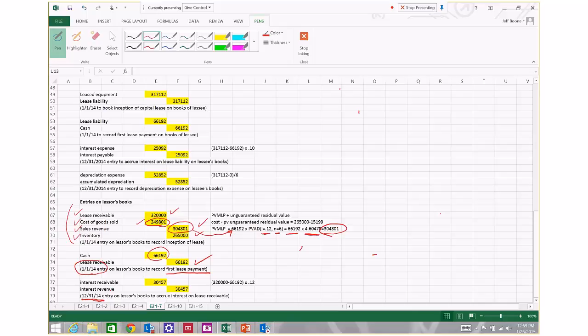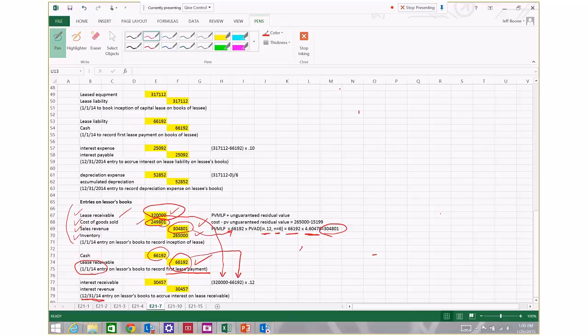And the amount to book is calculated by taking the original amount at which the lease receivable was booked, $320,000. That was booked here by that debit to lease receivable. And we're going to subtract from that the portion of this first lease payment that was also made on January 1st, 2014, that went as a credit or a reduction to the lease receivable account.